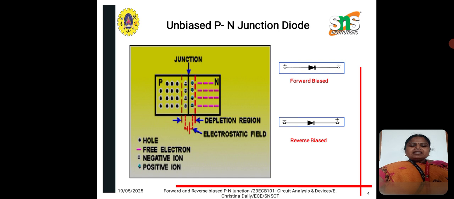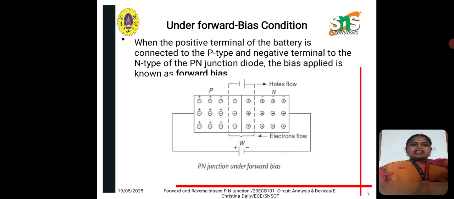So in this diagram, the P type has majority holes and the N type has minority carriers. So when the electrostatic field is applied, both the holes and the electrons, that is the free electrons as well as the negative ions and the positive ions, move, so that at the time a region is formed that is termed the depletion region.